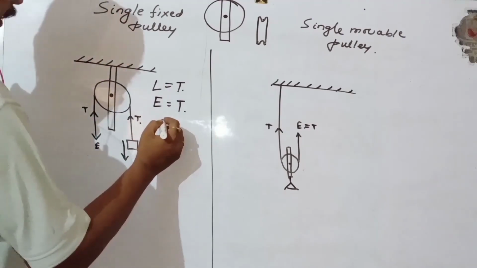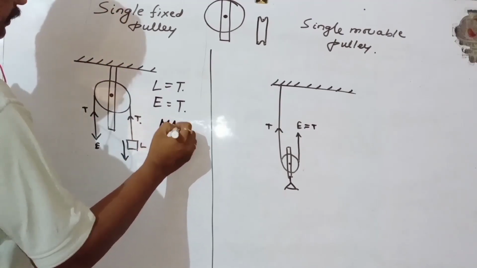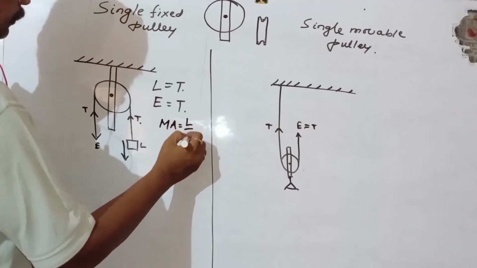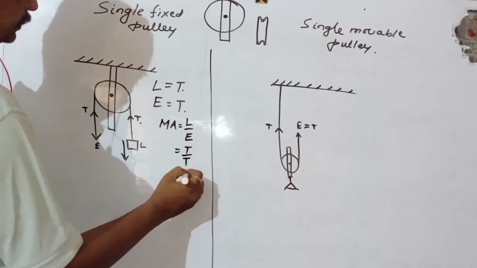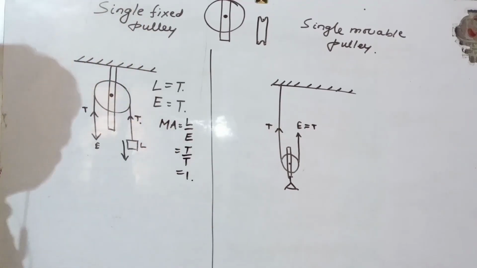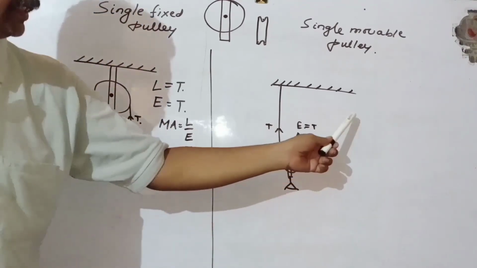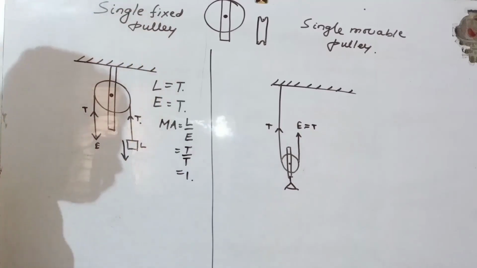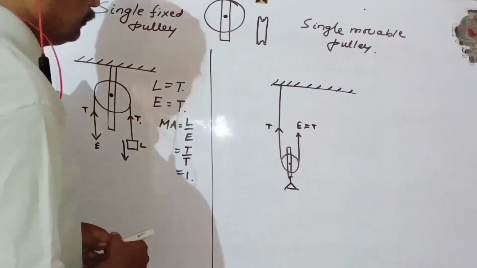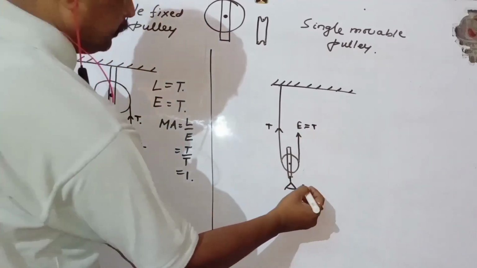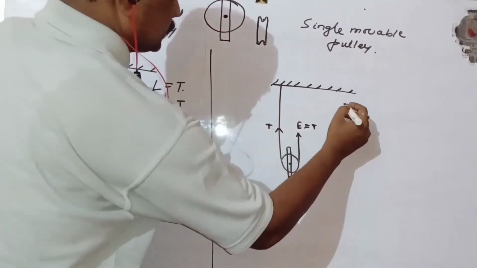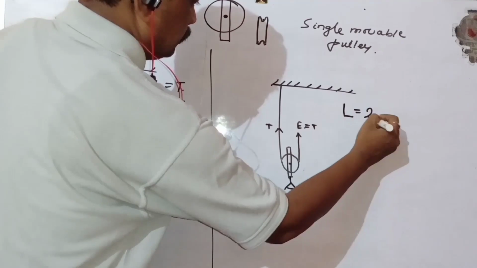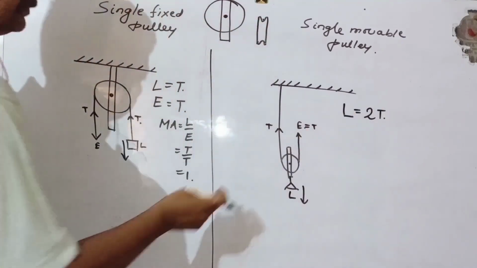So what is the mechanical advantage? The mechanical advantage is load by effort, so T by T, that is equal to 1. Now let us consider the case of a single movable pulley. Here the load is supported by two tensions, so load equal to 2T.